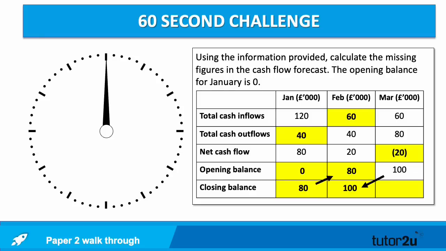If you forget and you put a minus sign, it will still be awarded, but best practice is to put brackets. To work out our closing balance this time, because we've got a negative figure, we're adding minus 20,000 to the positive figure of £100,000 for March, and that gives us a closing balance of 80,000. So lots of figures there to calculate.